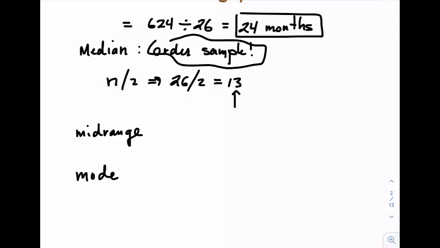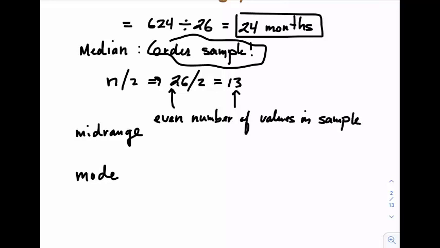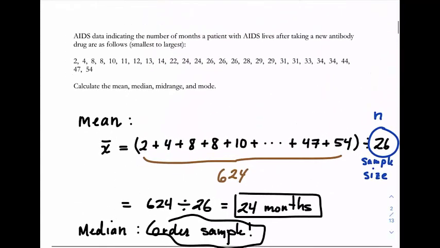If we have an even number of values in the sample, as we do with 26, our sample size is even. When that happens, we find the 13th number and average it with the 14th number, and I'll show you in a second why.